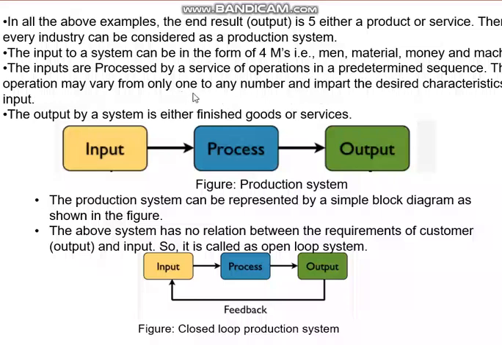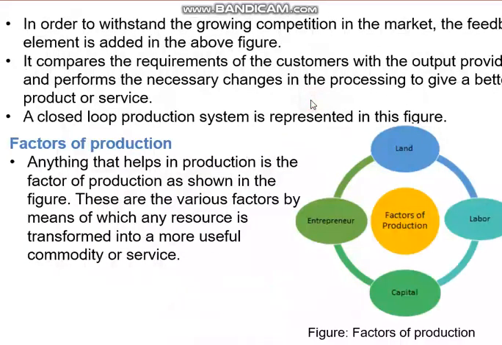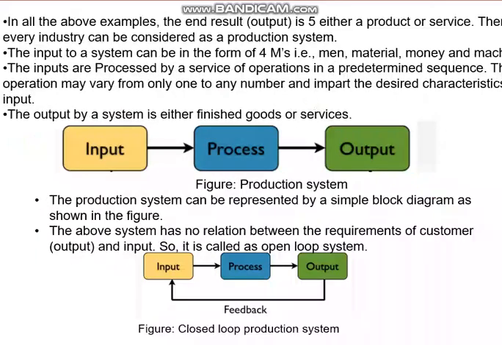The operations may vary from 1 to any number and impart the desired characteristics to the input. The output of a system is either finished goods or service. The production system can be represented by a simple block diagram as shown in the figure here.